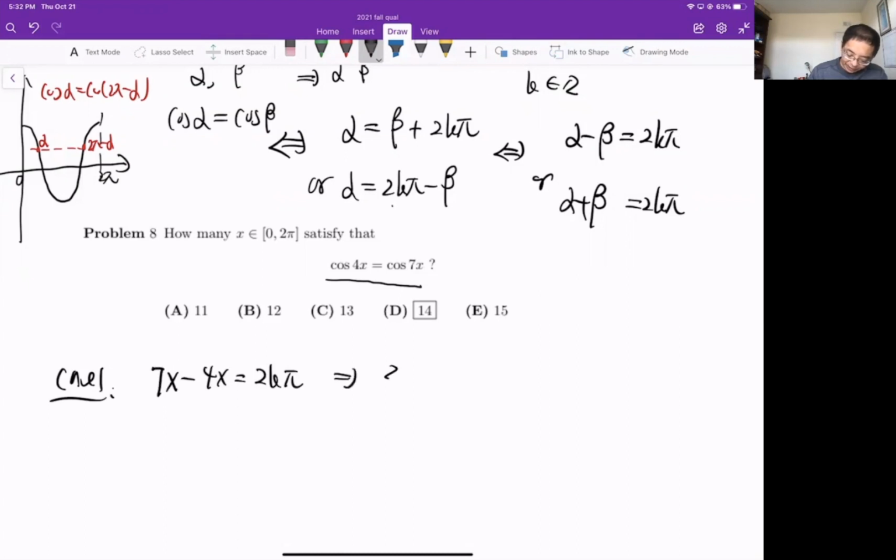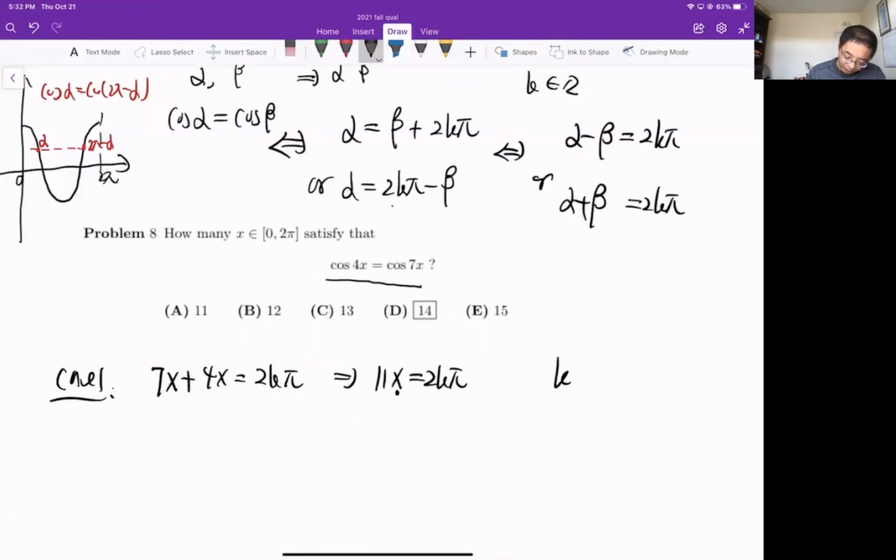That means 3x plus 4x equals 2kπ. And then we have 11x equals 2kπ.